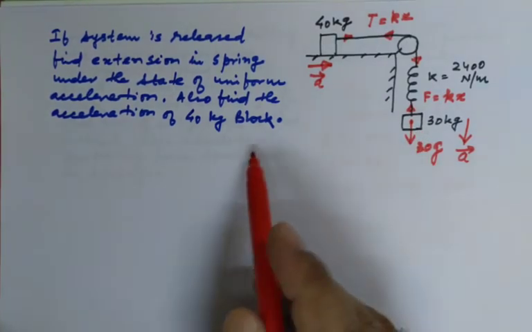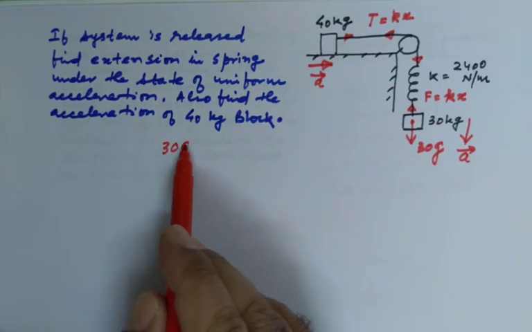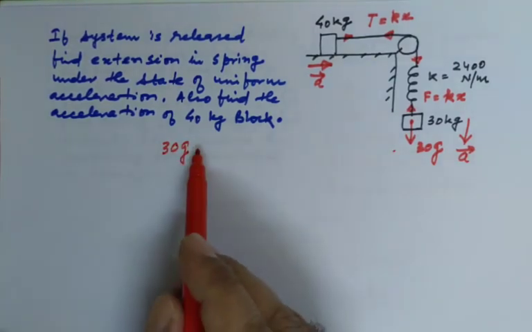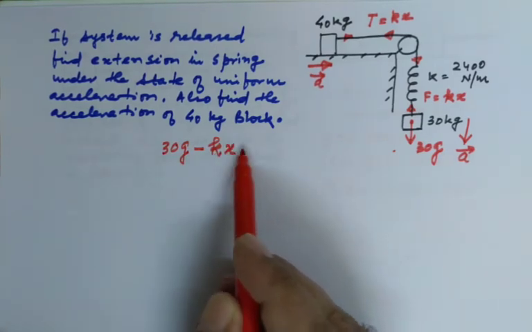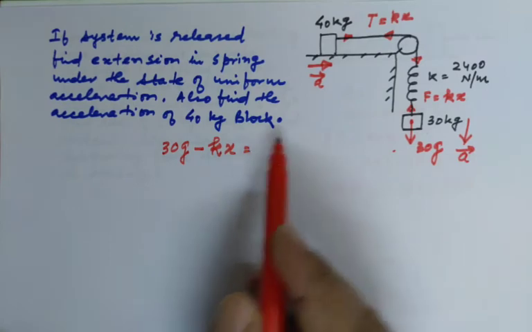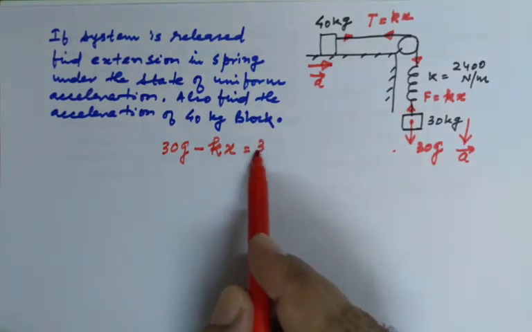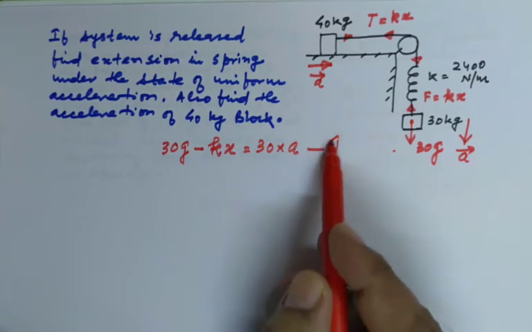For the 30 kg block, let's write down the equation: 30g, which is the weight of the block, minus Kx, which is the spring force, is equal to 30 into A. This is our equation number 1.